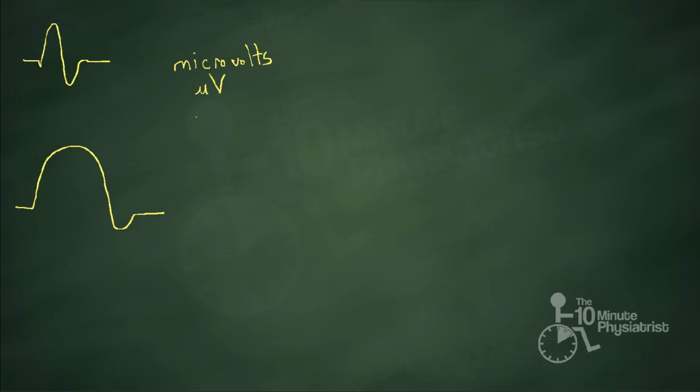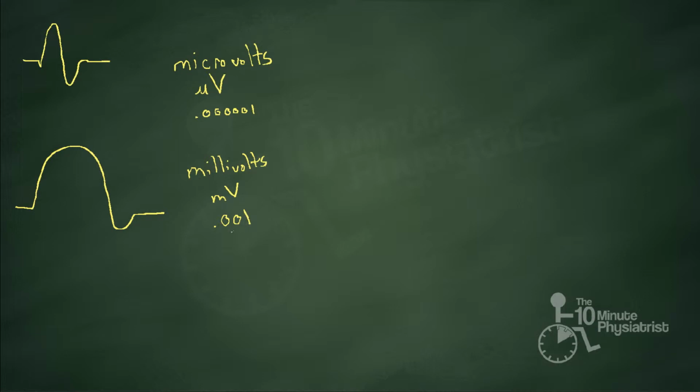A microvolt, micro in the decimal system, is 1/1,000,000th, so that's a decimal place and several zeros. The motor nerve action potential is measured in millivolts. And a millivolt, represented by mV, is 1/1000th of a volt.